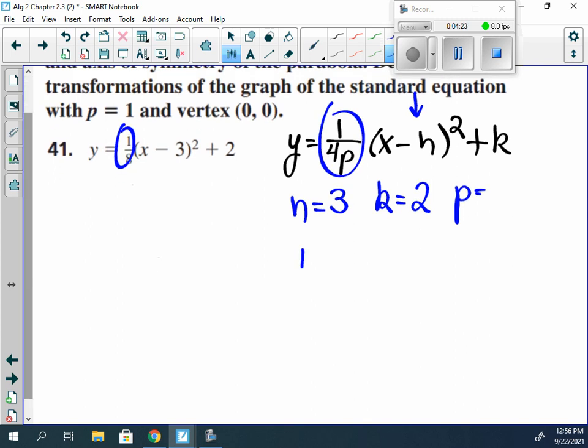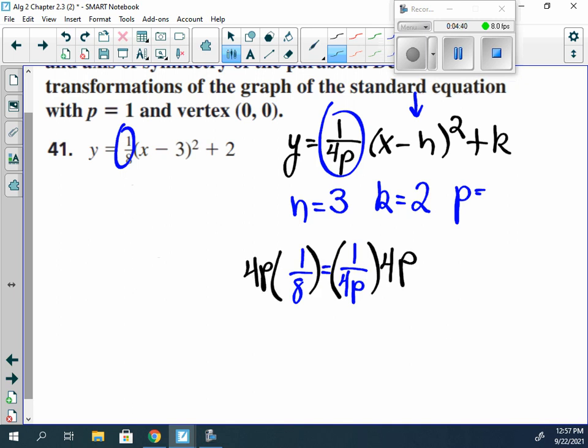So we set 1 over 8 equal to 1 over 4p. Then what can we do to each side? Multiply both sides by 4p. The 4p and 4p cancel, leaving 4p times 1/8 equals 1.